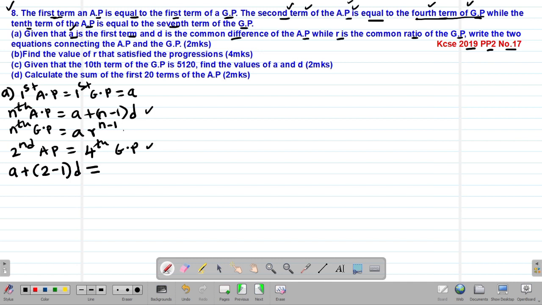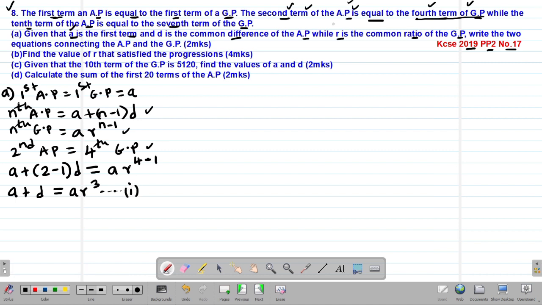The nth term of the GP is AR to the power of n minus 1. Therefore, the fourth term will be given by A, R to the power of 4 minus 1. When we simplify, we'll get A plus 2 minus 1, you'll get 1, 1 multiplied by D, you're just going to get D, being equal to AR to the power of 4 minus 1, you'll get 3. Therefore, this will become our first equation.